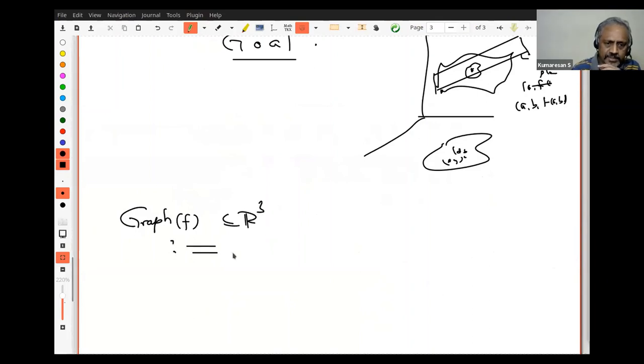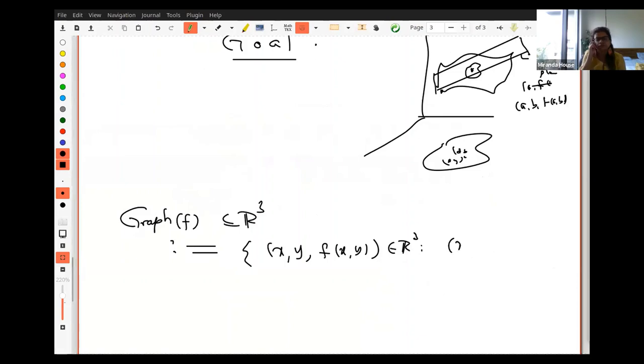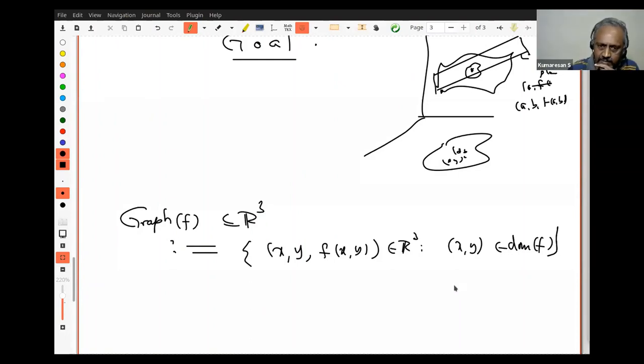This is by definition the set of x, y, f of x, y in R3, where x, y is in the domain. Is that clear? Therefore, I can write this graph as z equal to f of x, y, because the z coordinate is nothing other than f of x, y. Do all of you understand this?